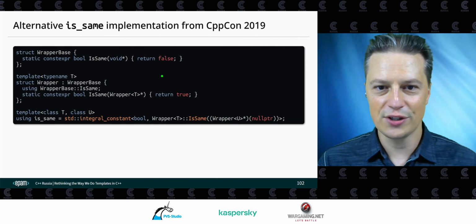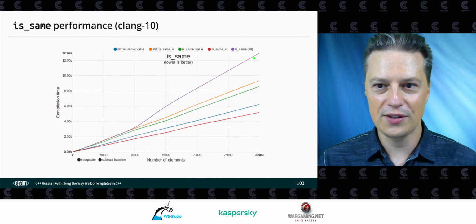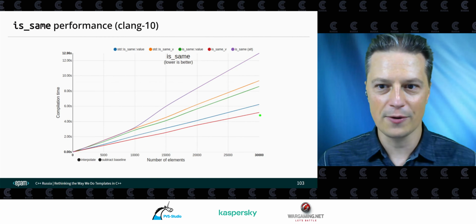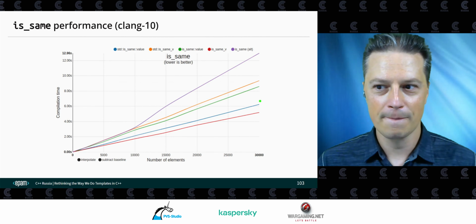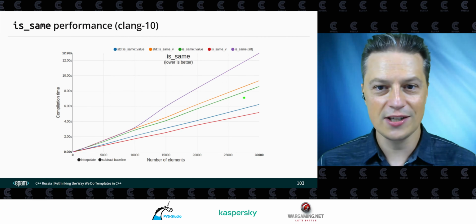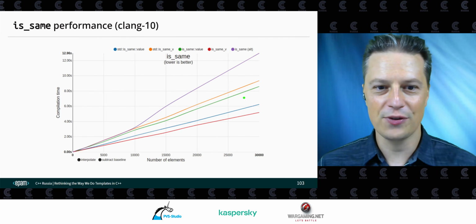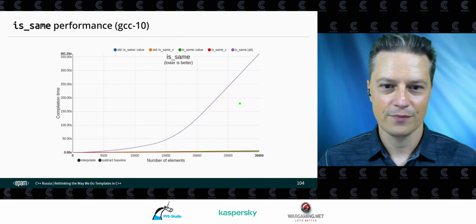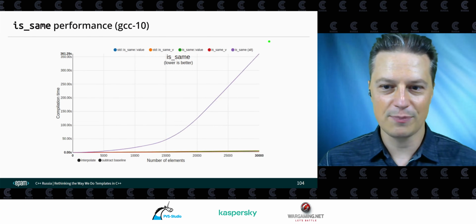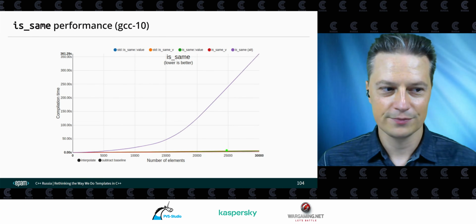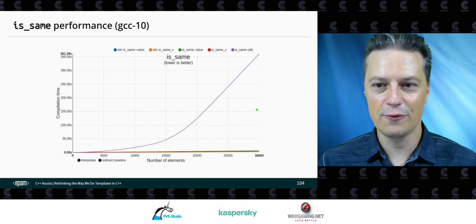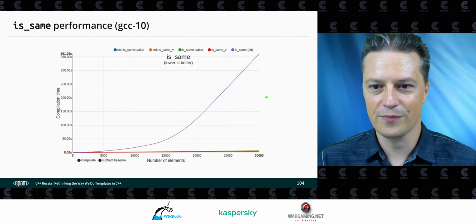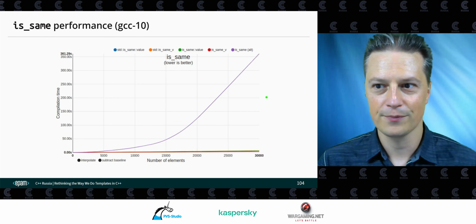But when I actually measured this on Clang, it turned out that it's at least 2 times slower than the one that's in the library. And on GCC, actually, I thought that the compiler hung. There's a logarithmic function that makes all of the lines here. So be aware and always measure. And also measure on different compilers because the user experience may be different.